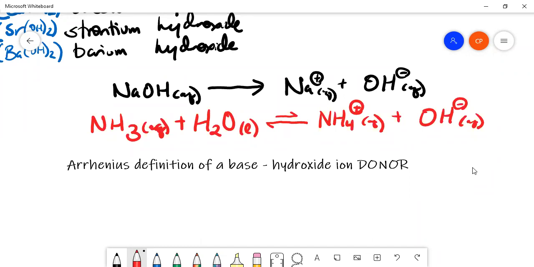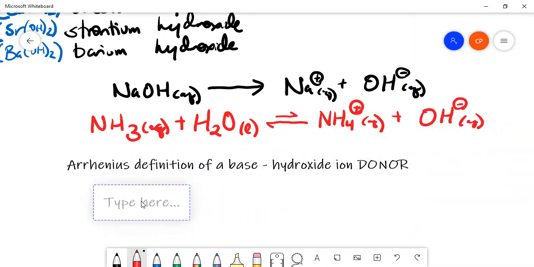And when you run into organic bases, those of you who have organic chemistry in your future, the Arrhenius definition is very poor at explaining basic behavior for those type of compounds. We need a different definition.